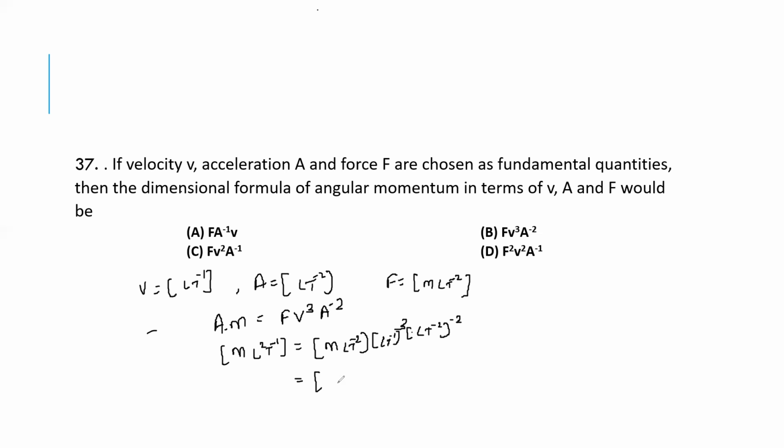So this is equal to m L raised to 2 t raised to minus 1. Therefore, option B is the right option here.